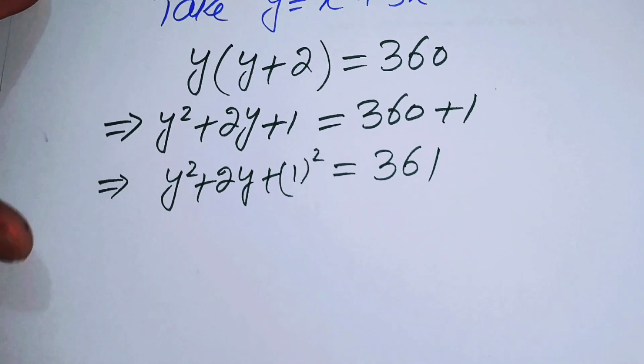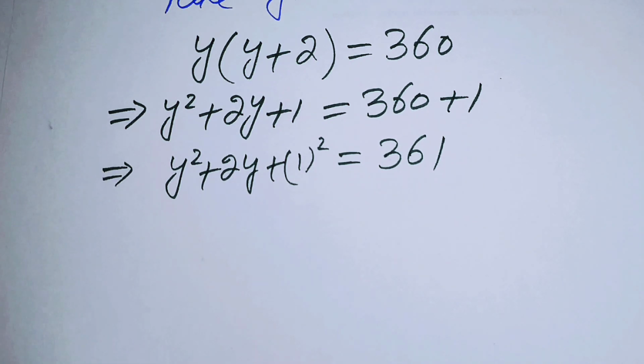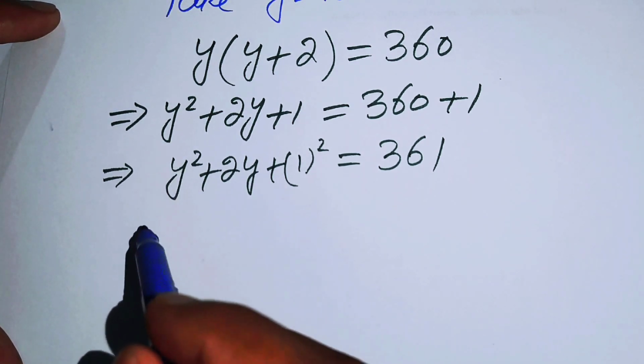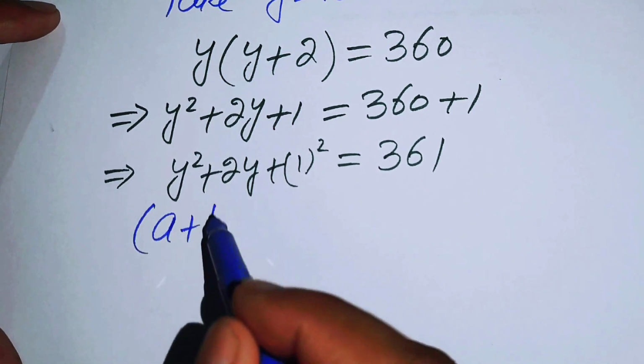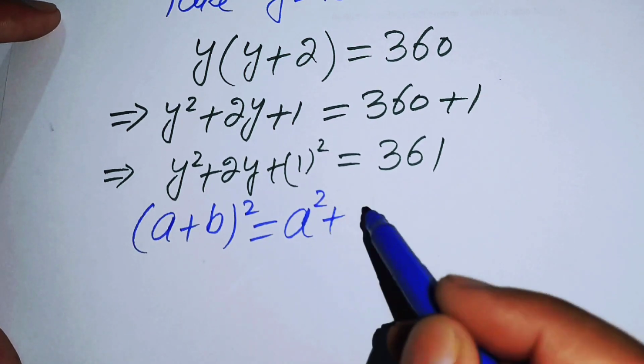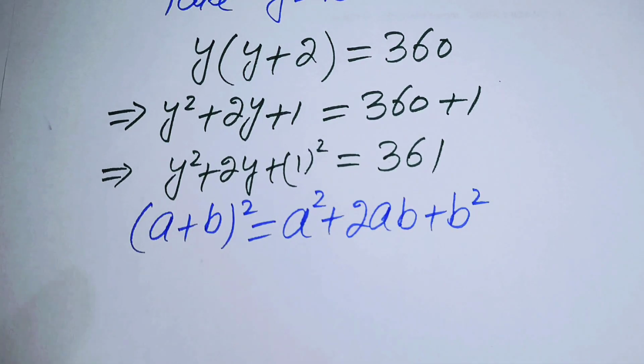361. And now you focus on the left hand side, and here you see that you can complete the square, using the formula (a plus b) whole squared equals a squared plus 2ab plus b squared.